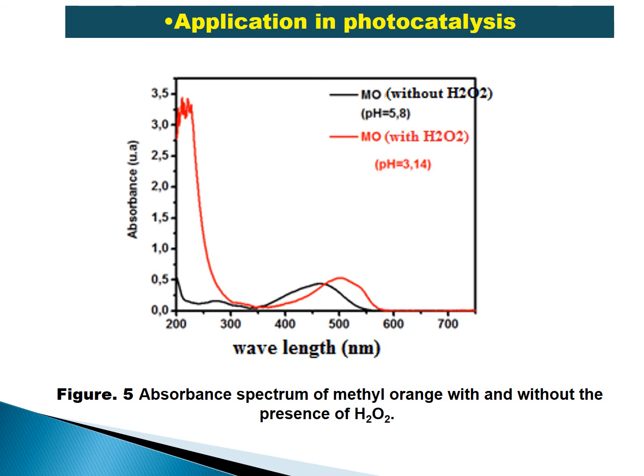A more intense absorption band shifts to a longer wavelength, 5.6 and 5.18 nanometers. The band in the visible region can be attributed to azonium ions. A new band at 226 nanometers in the UV region appears due to the change in the pi-electron delocalization system.